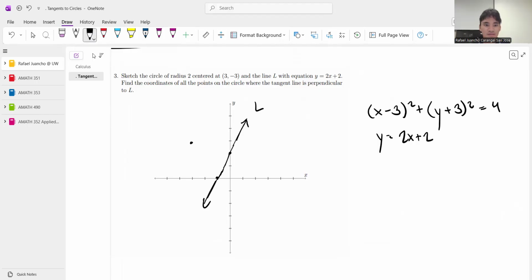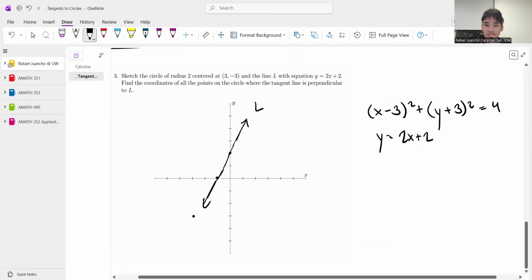Oh, actually, wait. I almost made a mistake. This is -3 because it's minus -3, so it's actually down here. Hope I'm doing this right. Oh, wait a minute.